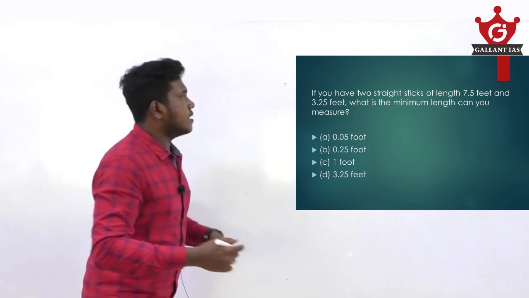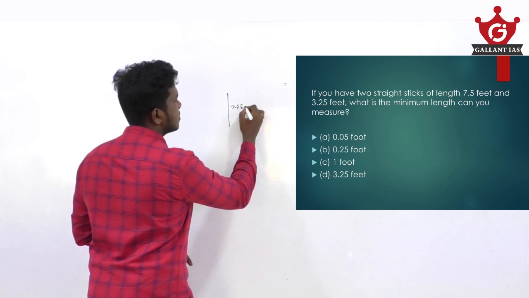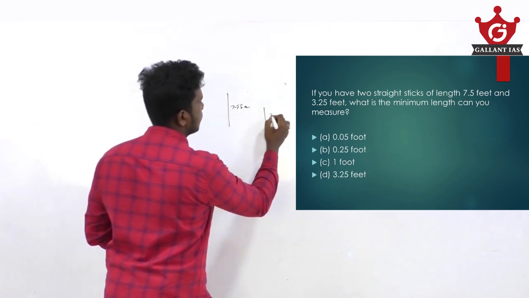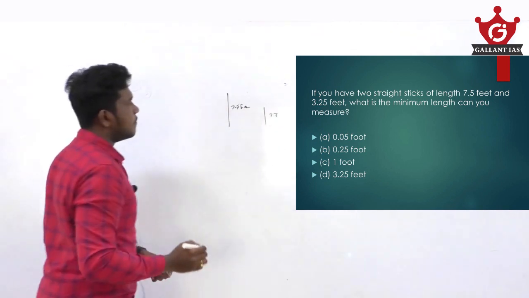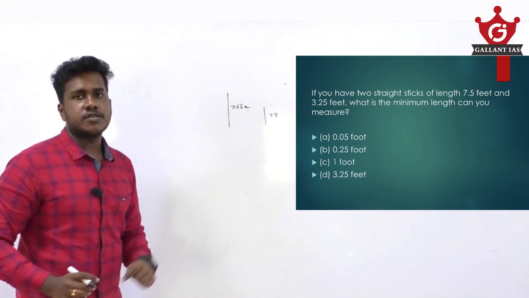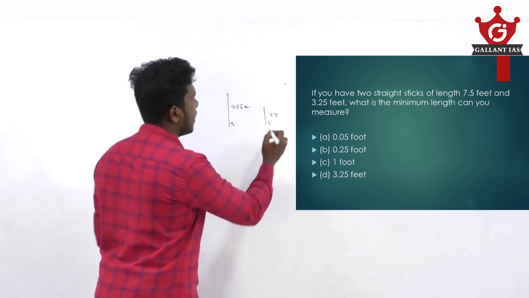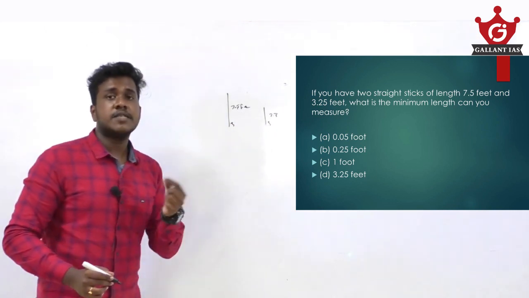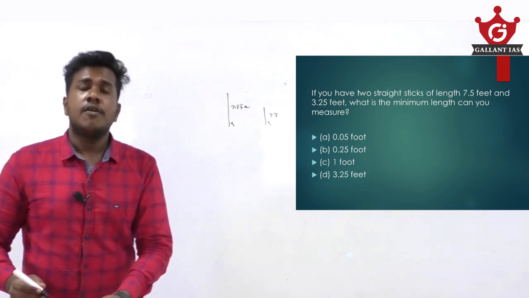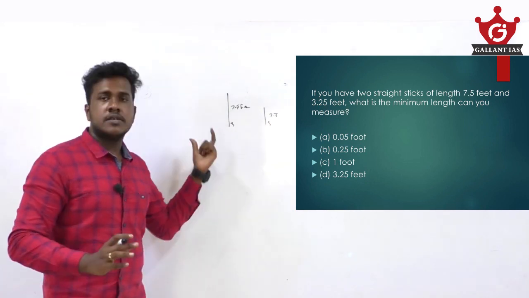Look here, there is a 7.5 feet stick and a 3.25 feet stick, and we are asked to find the minimum length which can be measured with the help of these two sticks. That means that minimum length will actually be a part of these two sticks, a fragment or a piece of these two segments.